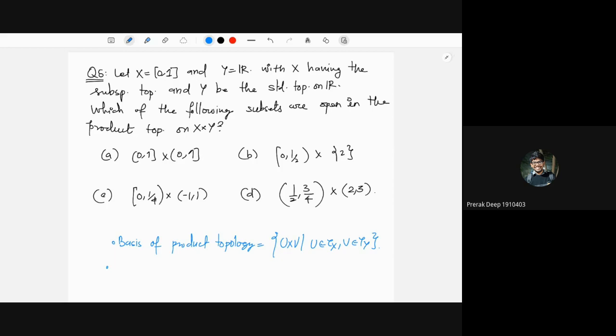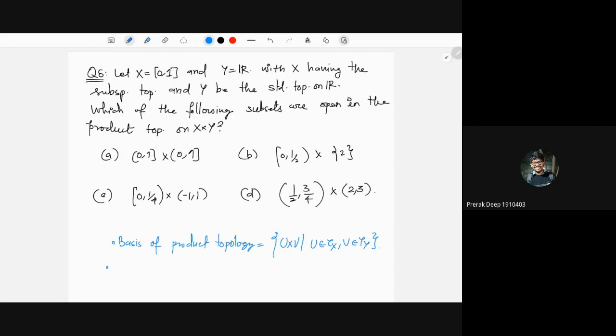Keeping that in mind, let's come back to the problem. Since these are just given as products, we just need to say whether each component is open or not in their respective topologies.